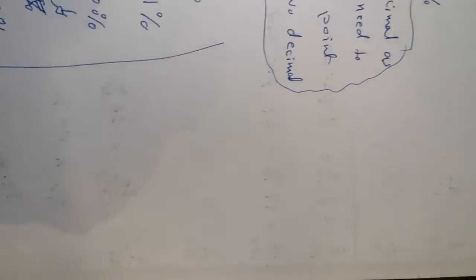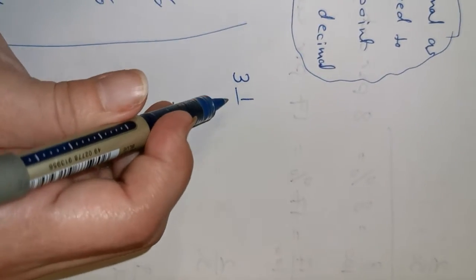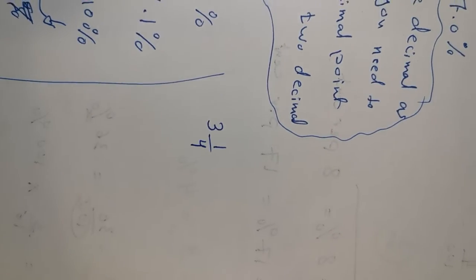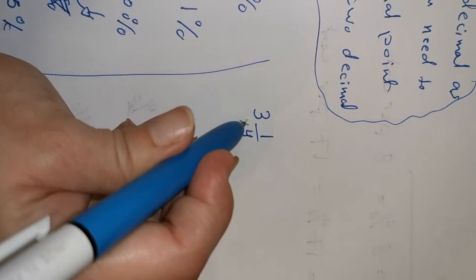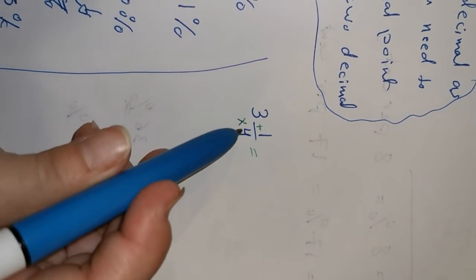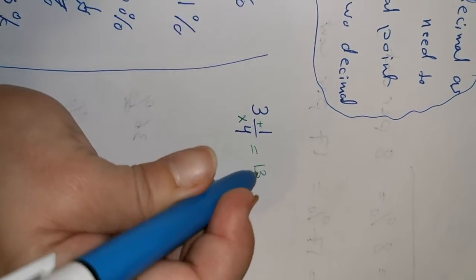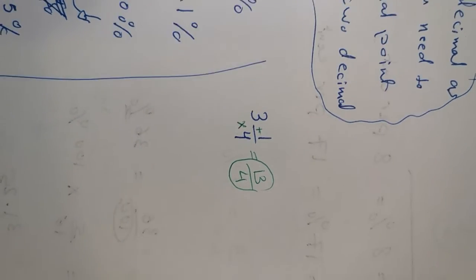One more example. Write the fraction 3 and 1 over 4 as a percentage. You need to change the mixed fraction to an improper fraction. Remember, multiplication, addition: 3 times 4 equal 12, 12 plus 1 equal 13, 13 over 4. So you need to write 13 over 4 as a percentage.